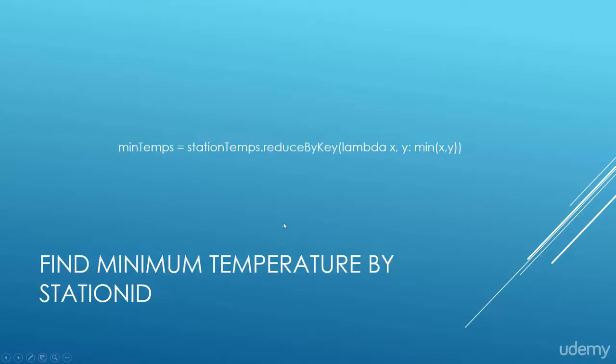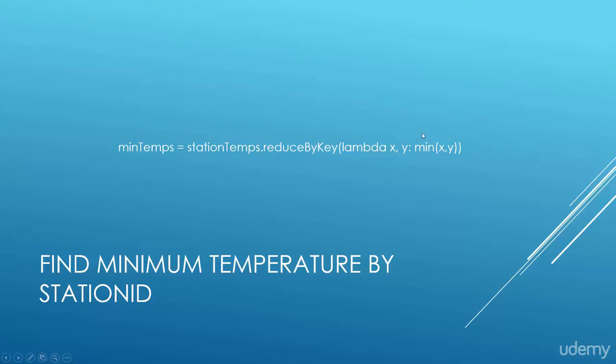Finally, since we want to find the minimum temperature for the entire year for every station, we can call reduce by key to do that. So that's going to aggregate together every minimum temperature observed for every weather station ID. And our lambda function will determine how we do that aggregation. So we're saying that whenever we try to combine 2 observations together for minimum temperature for a given station, we're going to call the min function to actually only take the minimum value between those 2.